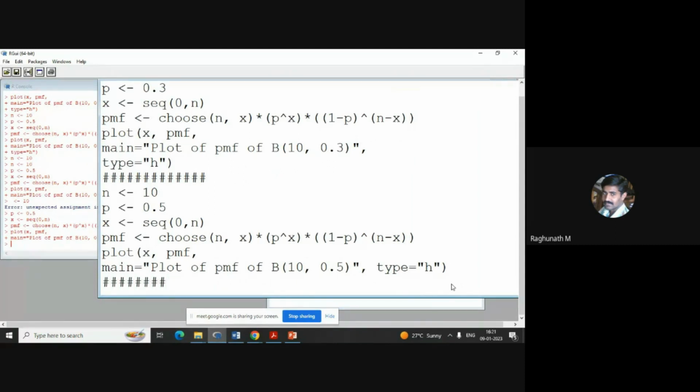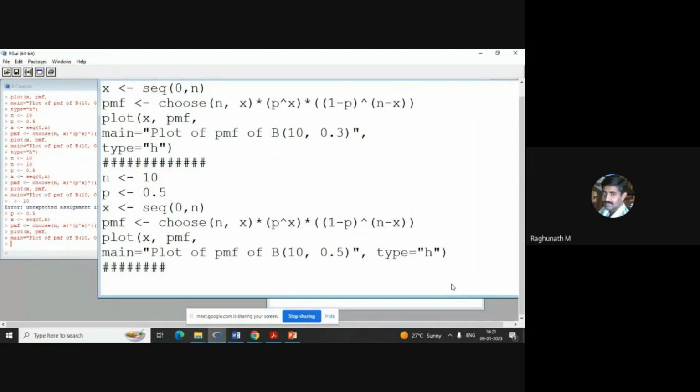But here one should know till what value I have to stop computing these masses, because x takes the value 0, 1, 2, and so on. Usually those who have experience will see that after some stage the probabilities are going to become 0. That you can try in this R program. Let us see.